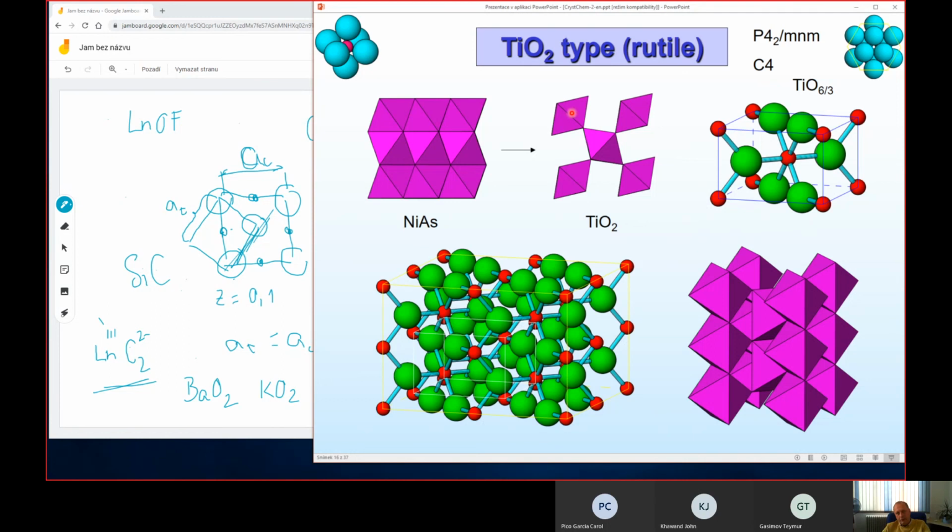So 1 full, 1 empty, 1 full, 1 empty, and here empty, full, and so on. This would still be hexagonal, but if we slightly distort these octahedra, we obtain the tetragonal unit cell with the a and b parameters equal, and the titanium atoms are in the corners and in the center.